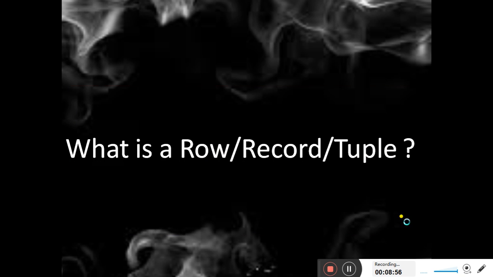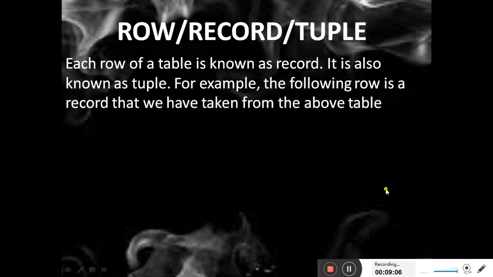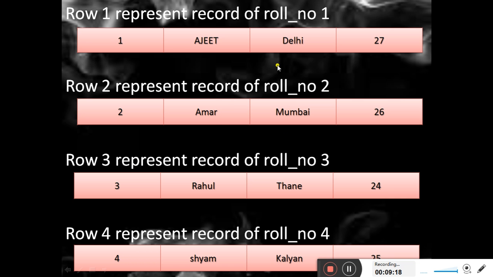Got it? Now next, what is a row, record or tuple? So a row is also called a record, and a row is also called a tuple. Now what do you mean by row? Each row of a table is known as a record, correct? It is also known as a tuple. For example, the following row is a record that we have taken from the above table. See the row? This is the first row.